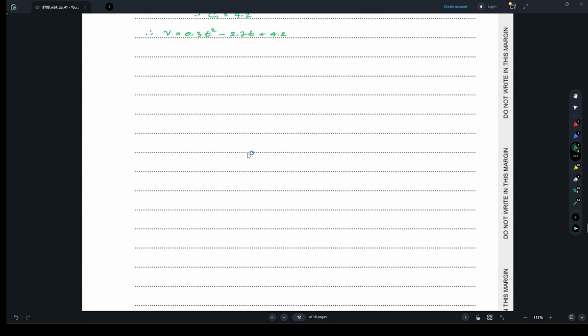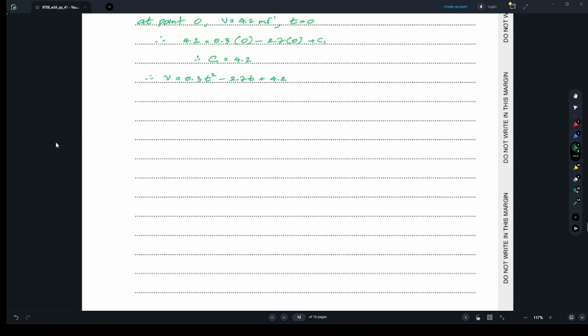Okay, let's keep it in mind. At the instantaneous rest, again the velocity is 0.